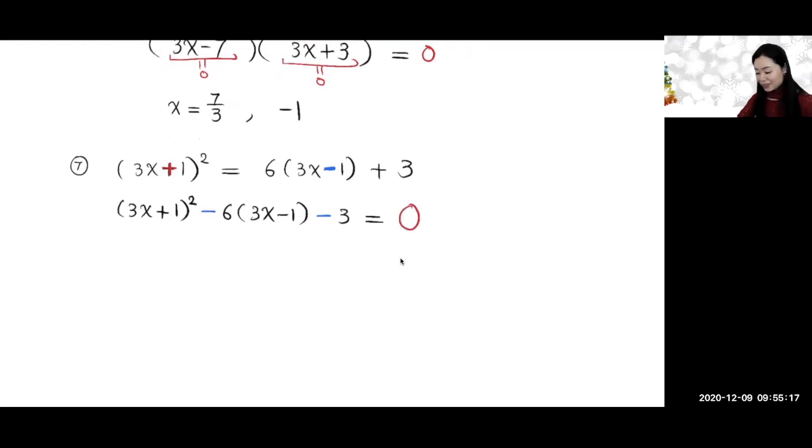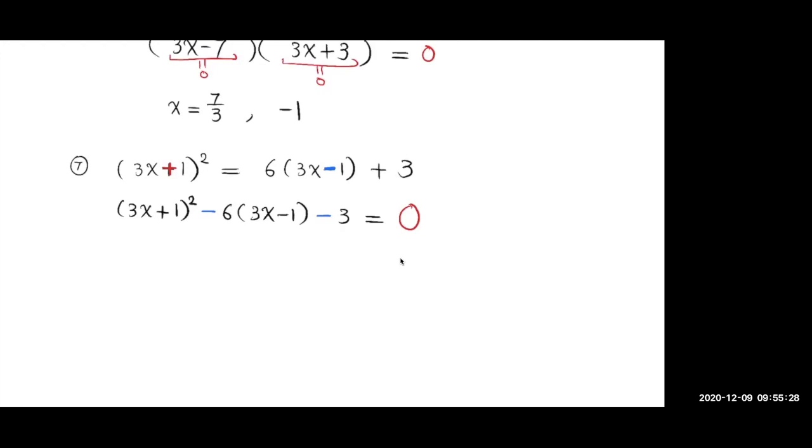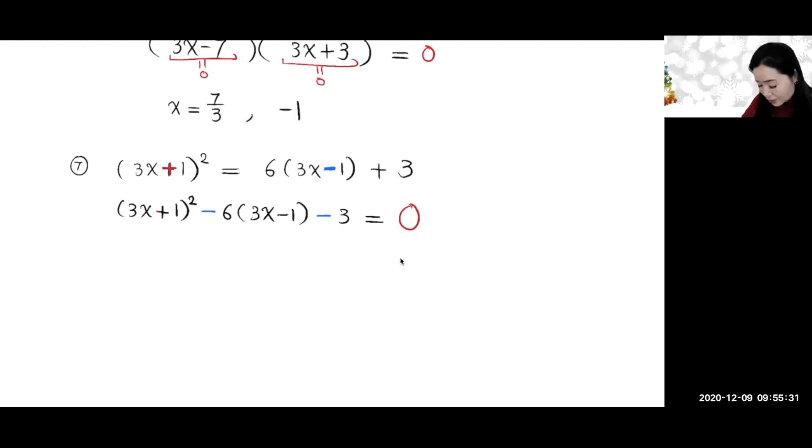Do you think I can use try error right now? I cannot use try error over here because you see what happened? They're not exactly the same inside the parenthesis. This is addition and this one here it is subtraction. They're not the same. So what should I do?